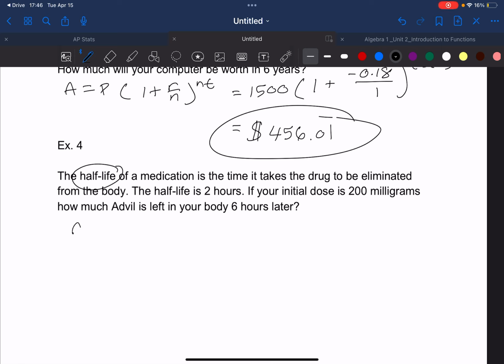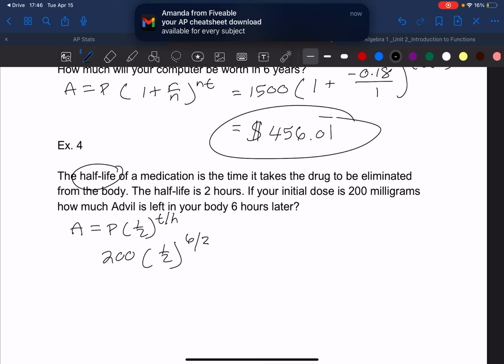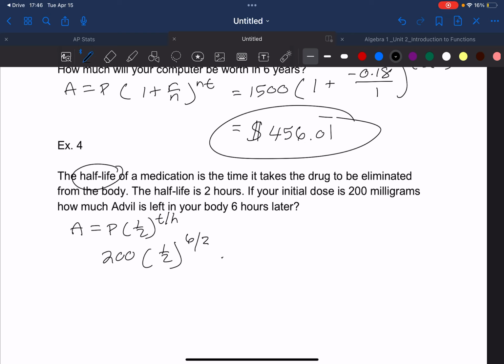So this is A is equal to P times 1/2, to the power of t divided by h. So we have 200 times 1/2. T is the total time, 6 hours, divided by the half-life time, which is 2 hours. So we get, if we plug this into our calculator, 25 milligrams.